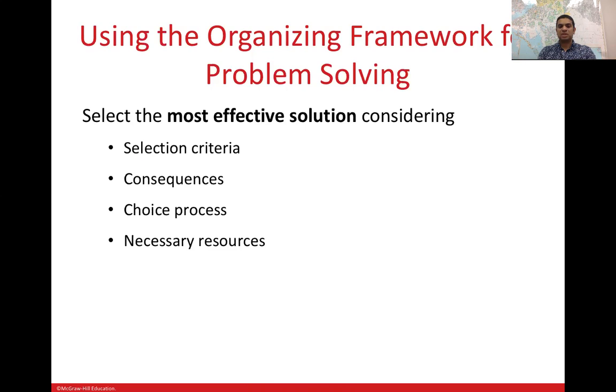Have I considered that these solutions are feasible? Do I have the necessary resources? What is my selection criteria? Is it that I want to make sure my employees are happier, that there's higher profit, that I'm meeting certain ethical guidelines, and so forth?